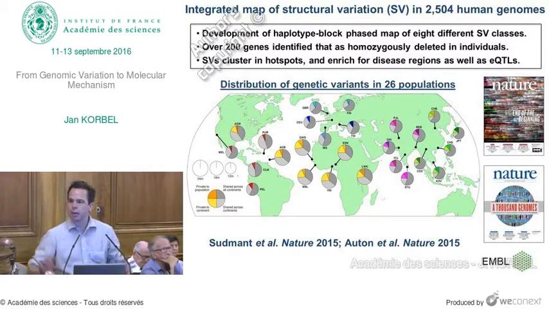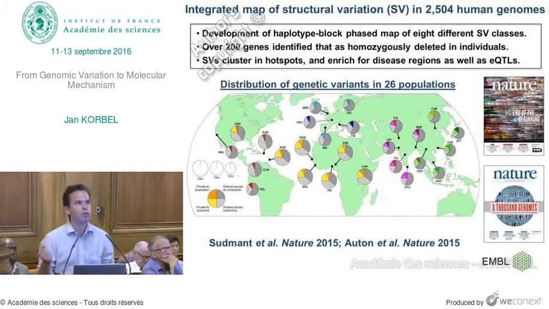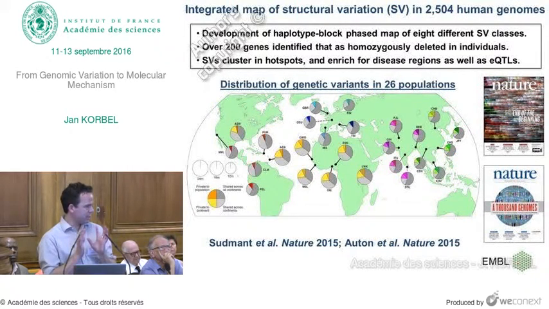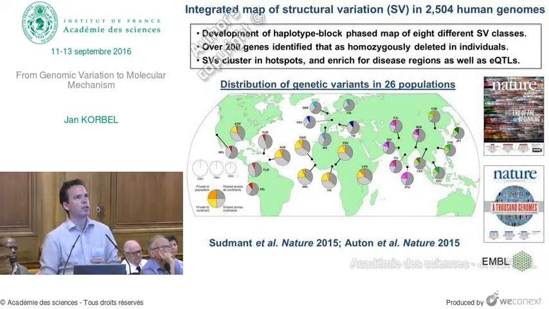Much of the methods development we've been performing was done in the course of a project known as the 1,000 Genomes Project, in which we were involved in an international collaborative effort to map genetic variants, including structural variations, in several populations across the globe.